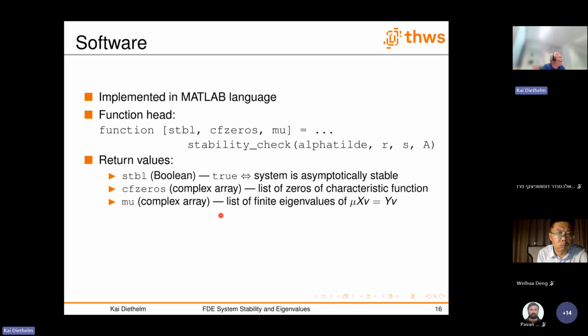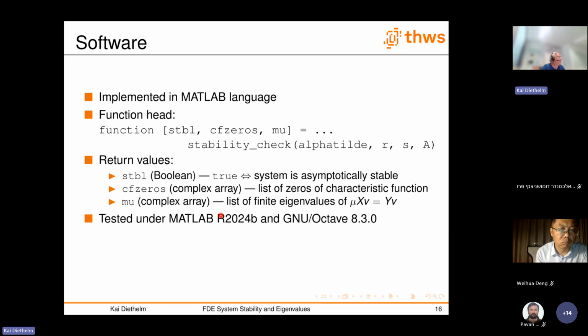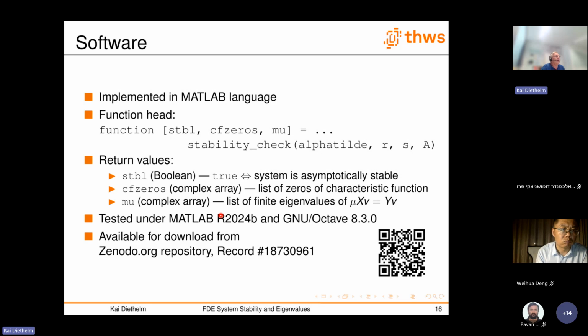And mu is also a complex array. It gives you a list of all finite eigenvalues, including those that we can discard. We've tested it under a relatively recent MATLAB version and also on GNU Octave, and you can download it from the Zenodo repository.